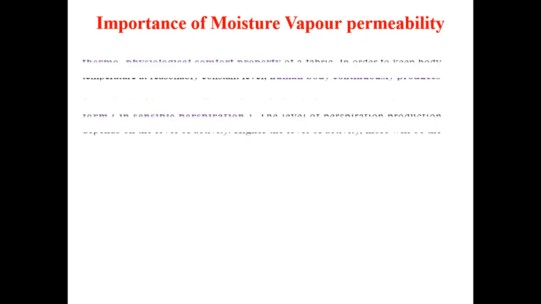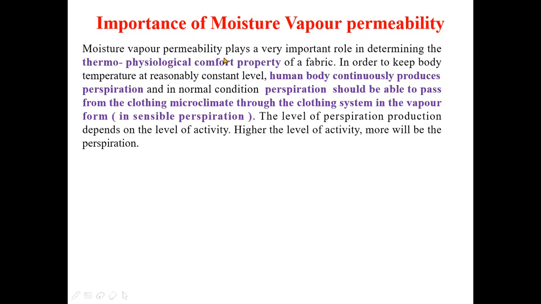Now, moisture vapor permeability plays a very important role in maintaining the body temperature. Our body is continuously producing heat because of the metabolic activity. Moisture vapor plays a very important role in determining the thermophysiological comfort property of a fabric.